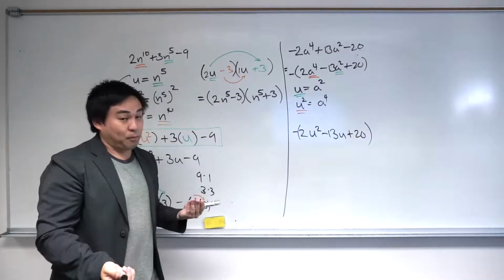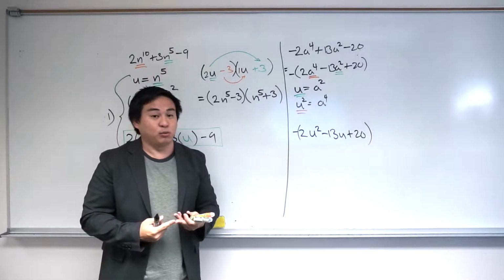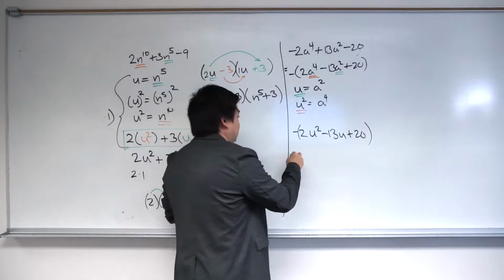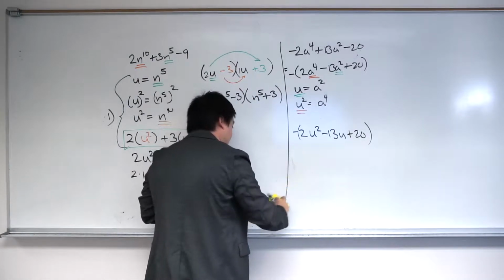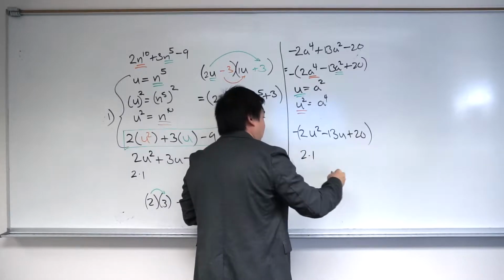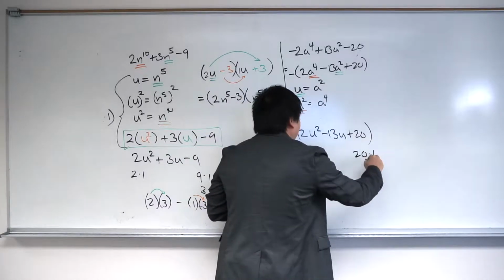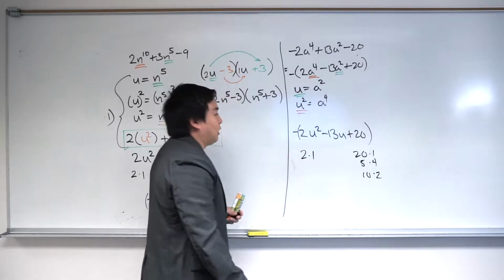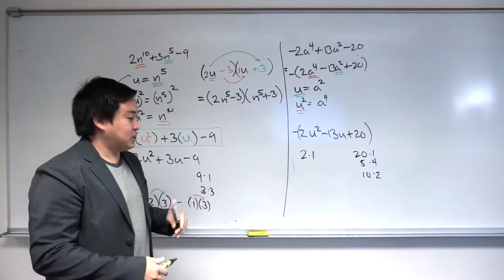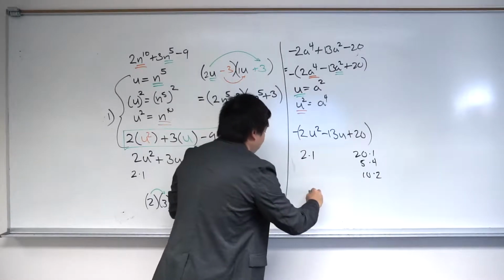And again, revert back to either guess and check or factor by grouping. So this one is going to be possible factors of 2 and 1, 20 and 1, 5 and 4, 10 and 2. And what are the numbers that I add together or subtract to get to that 13?